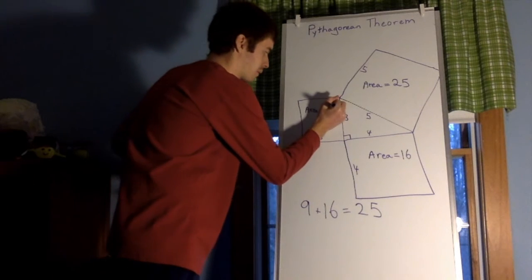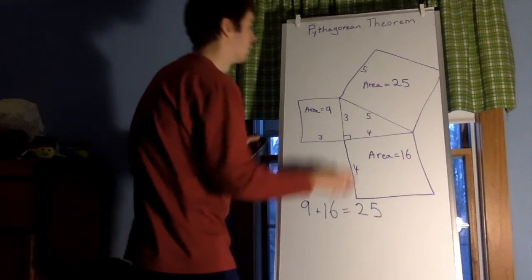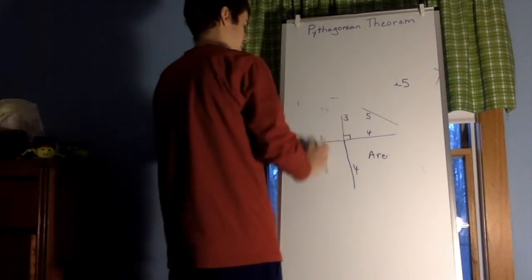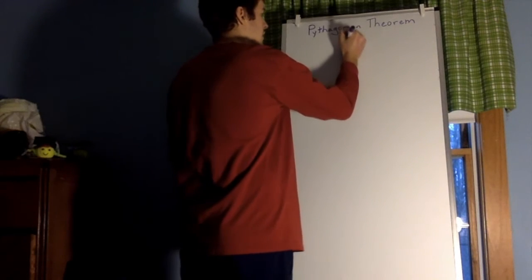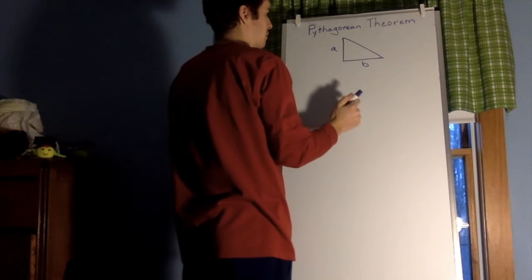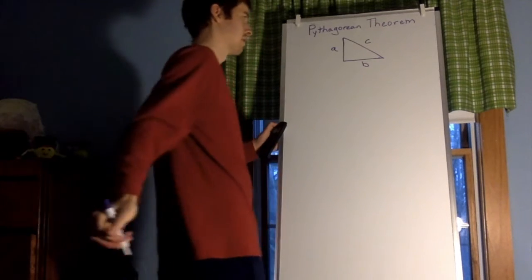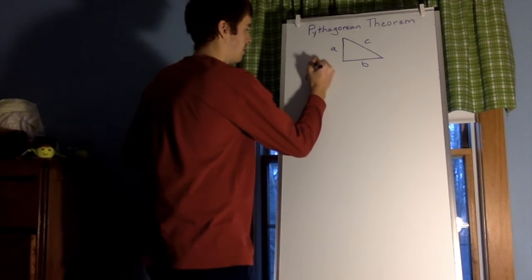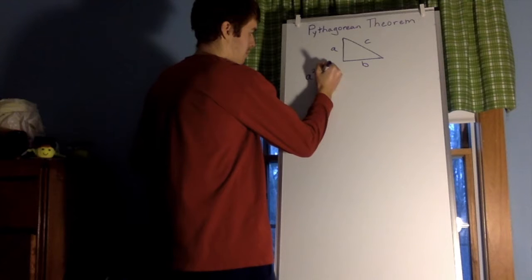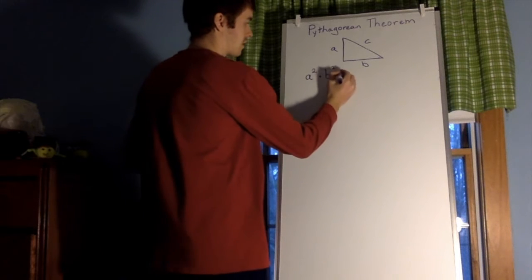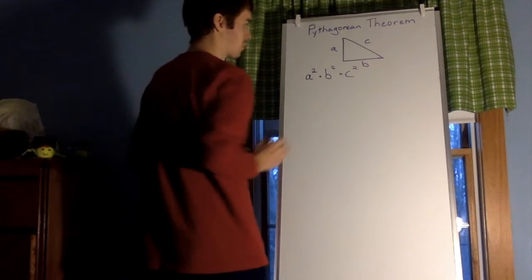So, let's go right up here. In general terms, we're going to call the legs of our right triangle A and B, and we're going to call our hypotenuse C. And our Pythagorean theorem says that one leg squared plus another leg squared is going to equal my hypotenuse squared.